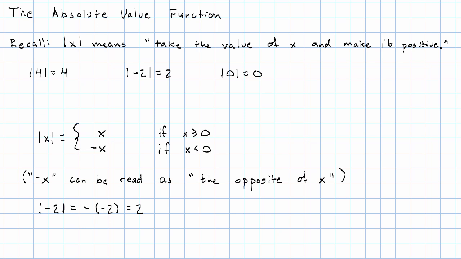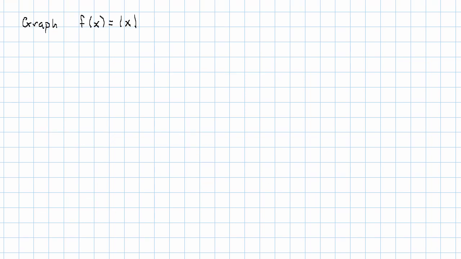The cool thing about thinking about the absolute value this way is that this tells us what the graph of an absolute value function is going to look like. Suppose we want to graph f of x equals the absolute value of x.